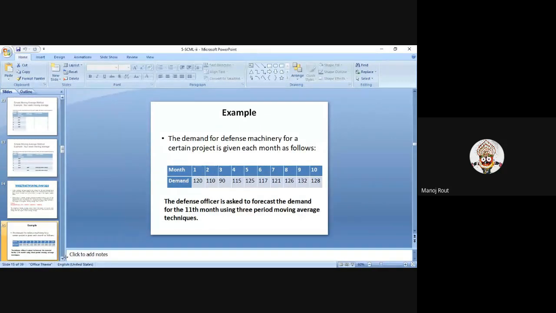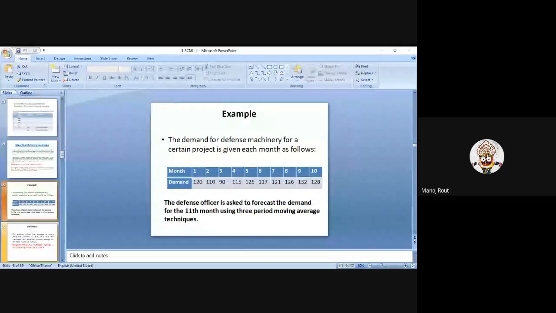Just calculate. Sir, 128.2 units. Okay, good. Siddharth Mahapatra, what is your answer?